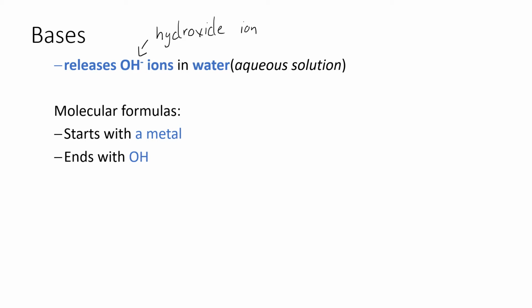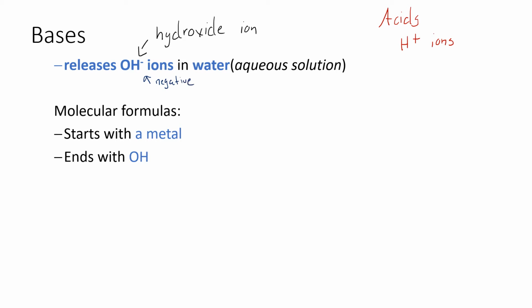Now, this is a negatively charged ion. And if we remember, what defines an acid is that they release an H+ ion in solution, and the hydrogen ion in that case is positive. Bases, in this case, release an OH- ion, and in this case, it is negative.